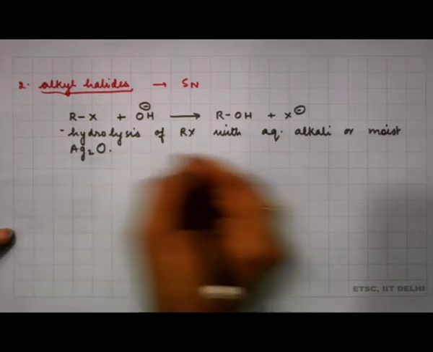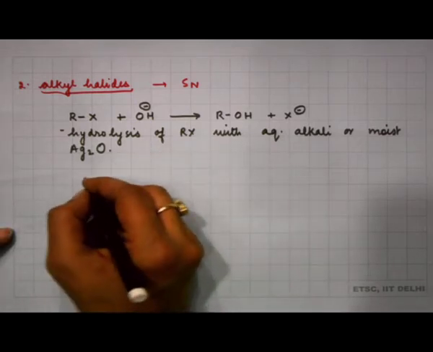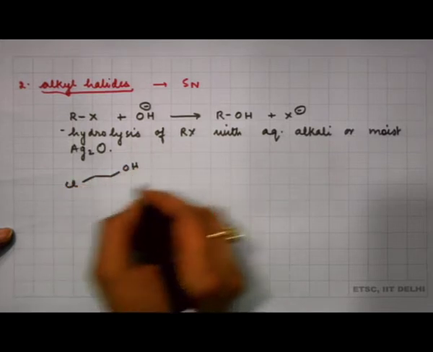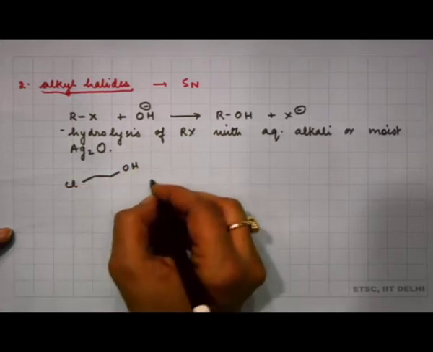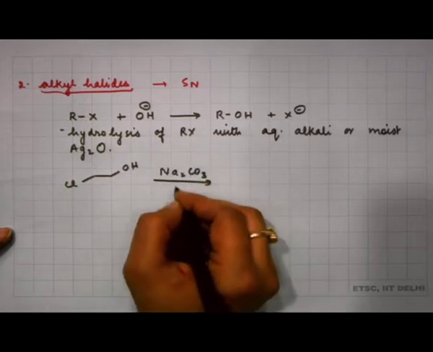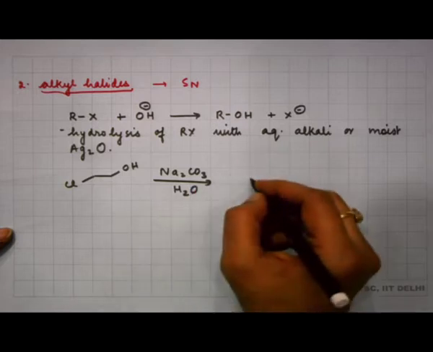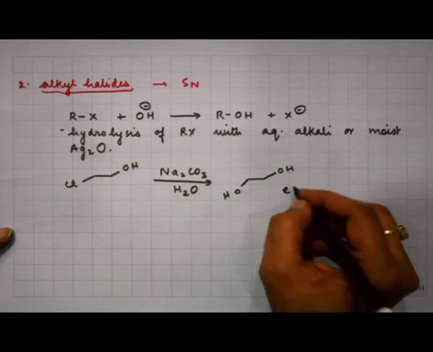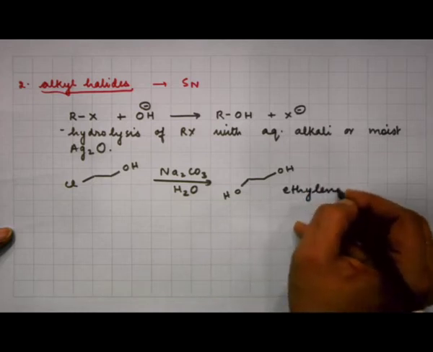We can also do the same reaction starting from a chlorohydrin as a substrate. So, if you want to again make the diols, you can start from a chlorohydrin and carry out its hydrolysis under slightly basic conditions, when you would end up getting a diol which is nothing but an ethylene glycol.